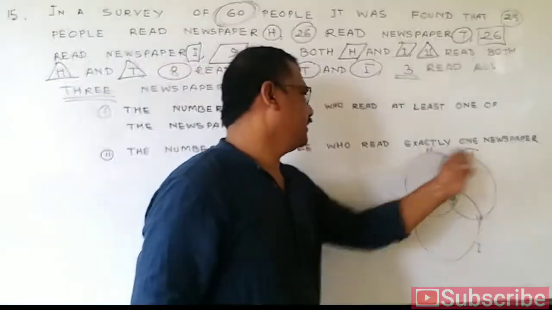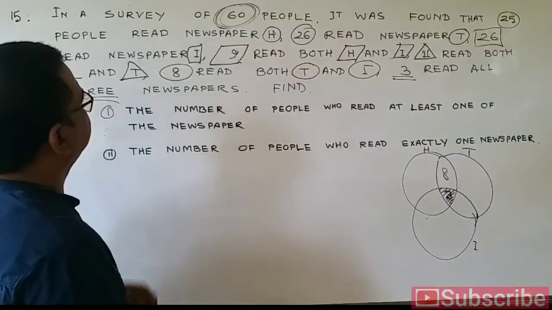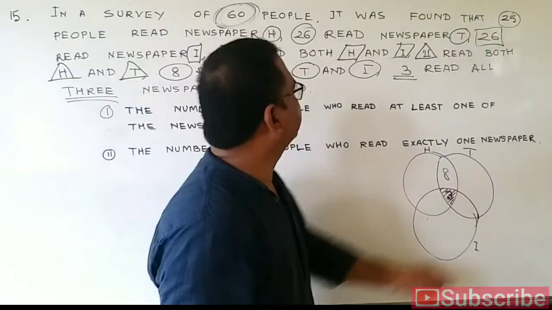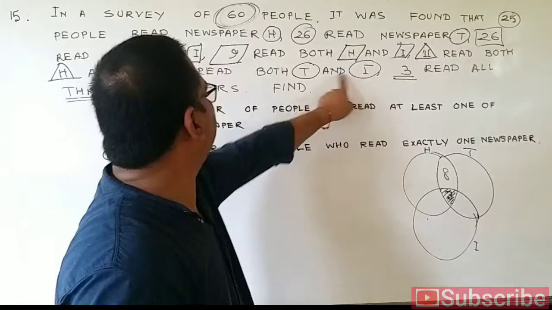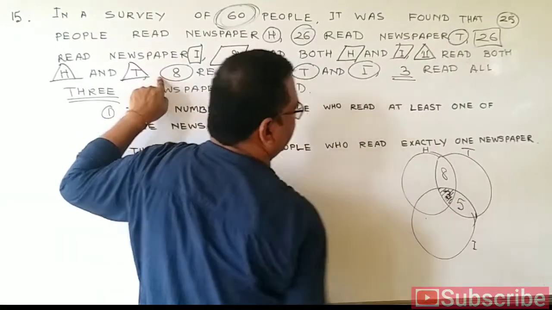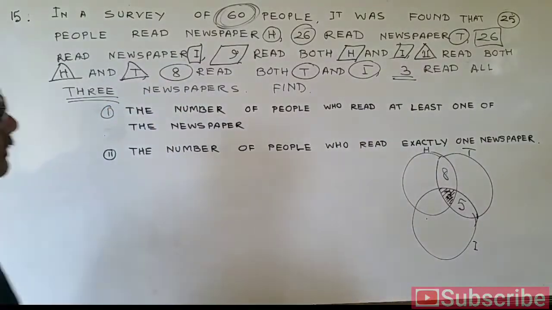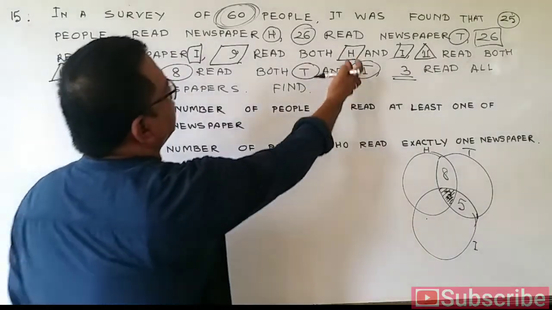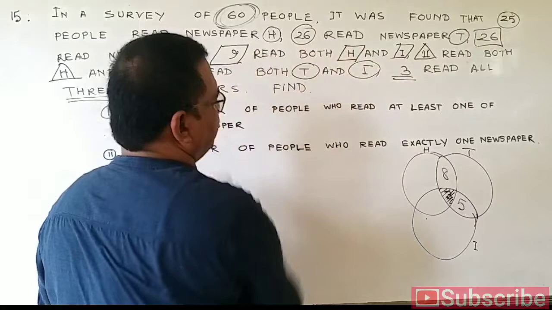These 8 persons read these 2 papers. Next, T and I. These 8 people, minus 3, so it is 5. Then next, H and I, 9 people.